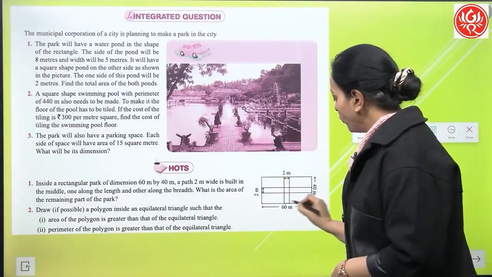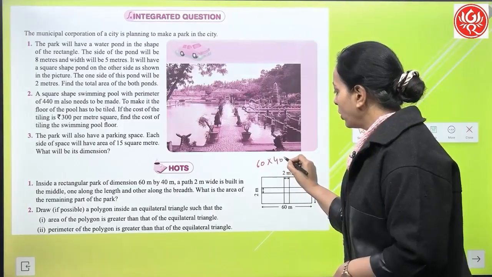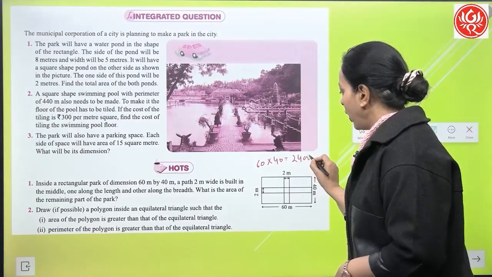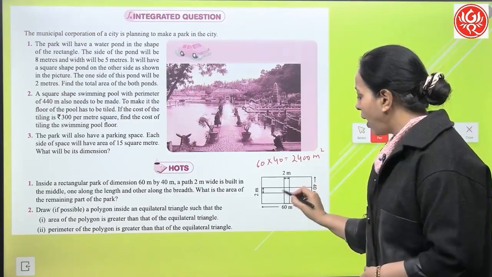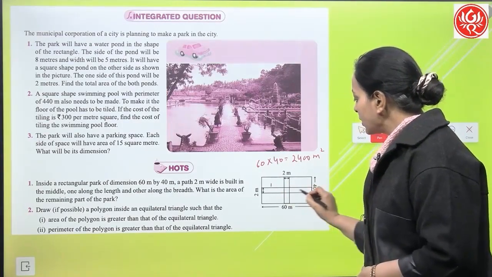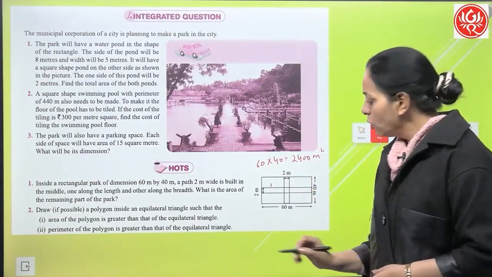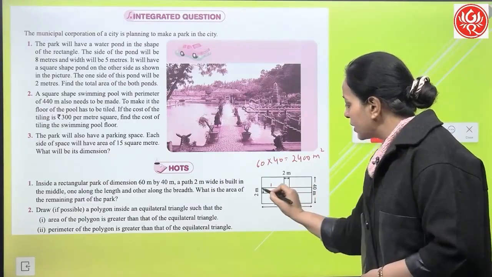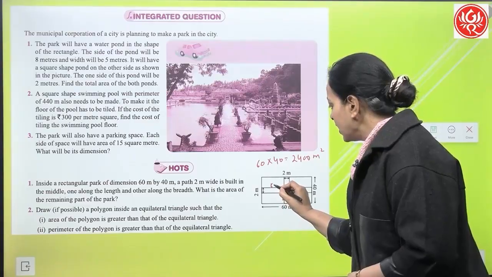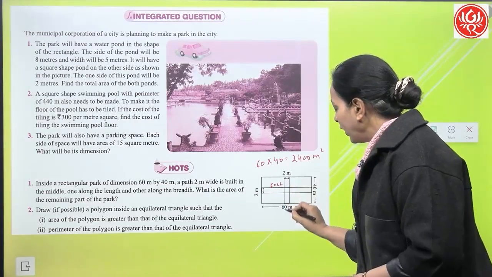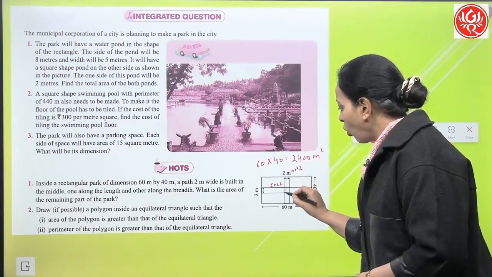So find area of the rectangular park, that is length into breadth. So 60 into 40, that is 2400 meters square. Now find the area of the path. We have two paths. One is along breadth and one is along length. So what is the length of this road or path, you can say? So this is 60 into 2 and here its area is 40 into 2 and this is the common one.